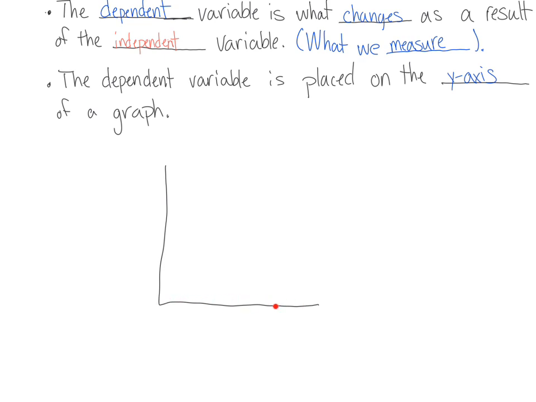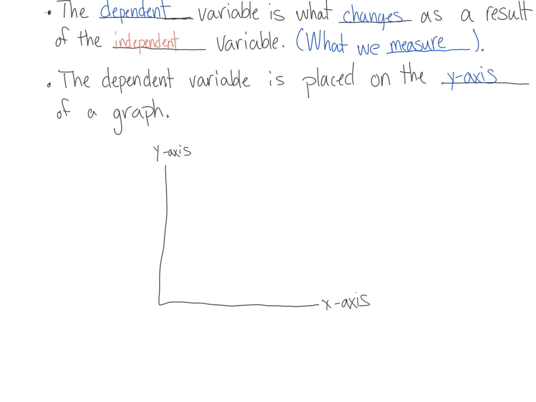This horizontal axis here is our x-axis, so we would label this one x-axis. The y-axis is the vertical axis. I can help remember this by remembering that on a y, the tail of the y goes up and down.